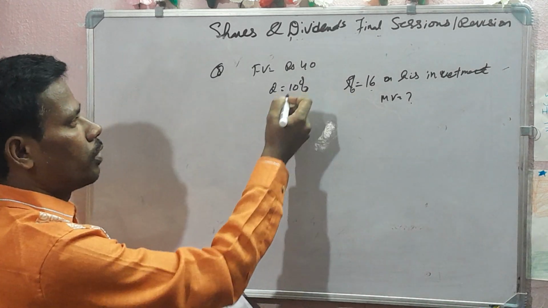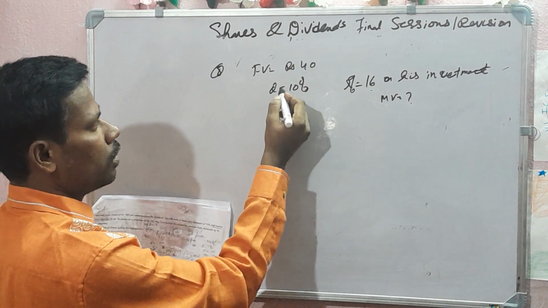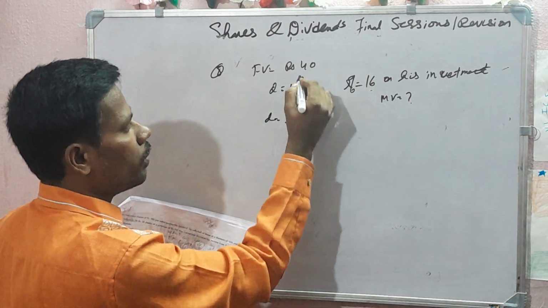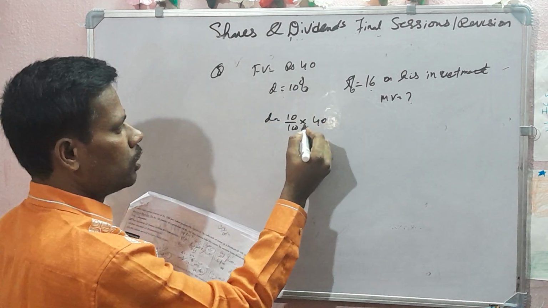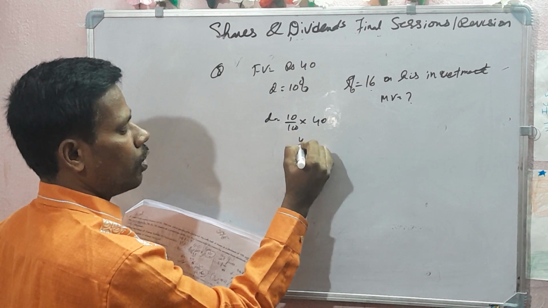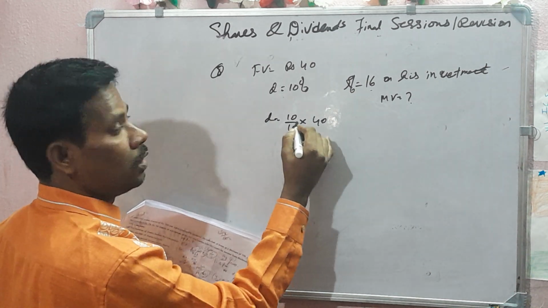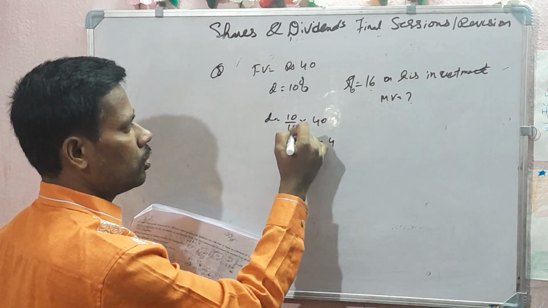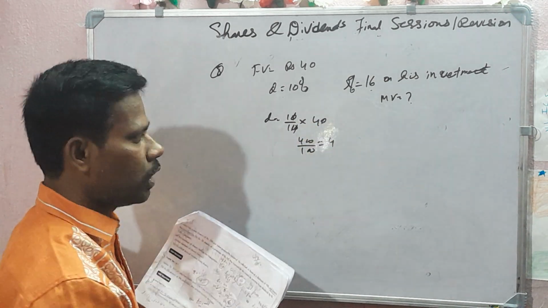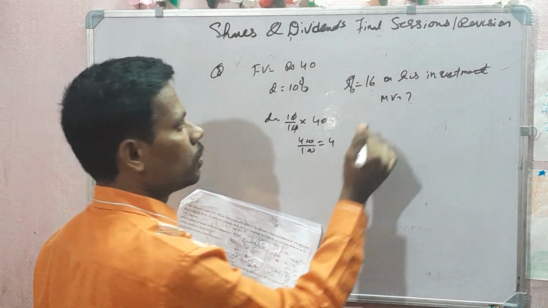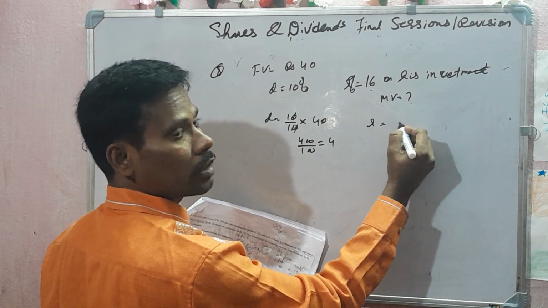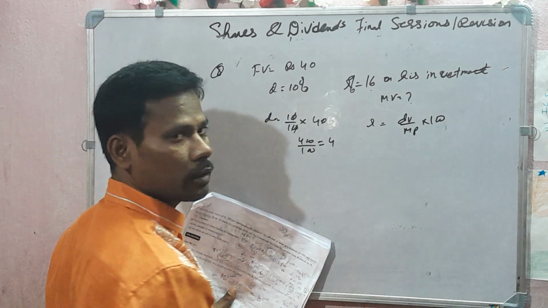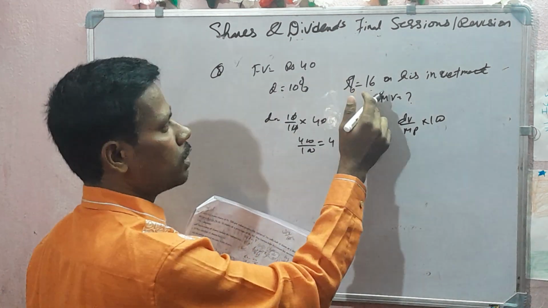Now from this go for basics. What is the meaning of this? Dividend is equal to 10 by 100 into face value 40. So 400 by 100, that is 4. Dividend is 4. Now what is the rate percent formula? Rate is equal to dividend by market value into 100. Rate percentage is given as 16.